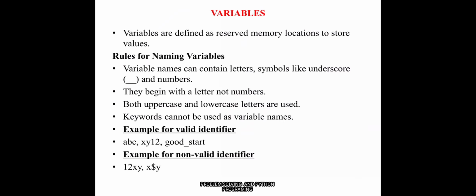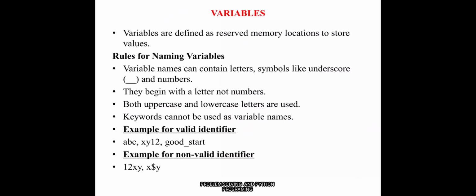Here in the program we have given some valid and non-valid identifiers. For example, ABC is a set of characters and can be defined as a variable. XY12 is a combination of characters and an integer, and it can be used. And good_start is a set of strings joined by an underscore, so it can be defined as a variable.